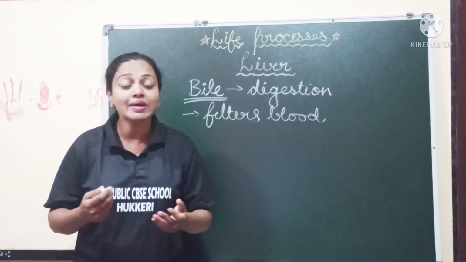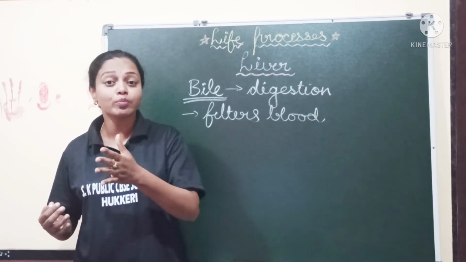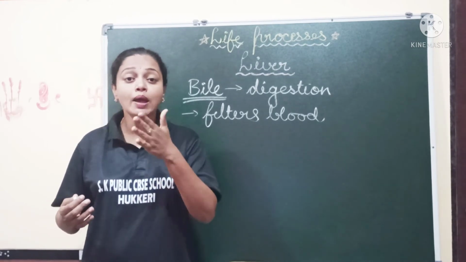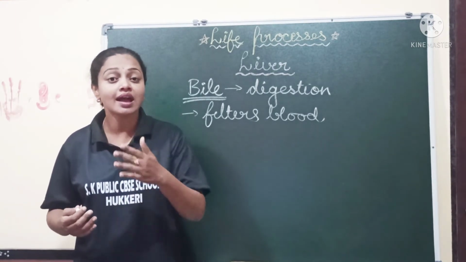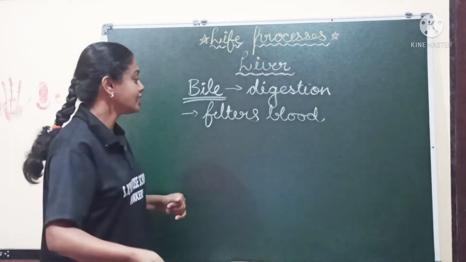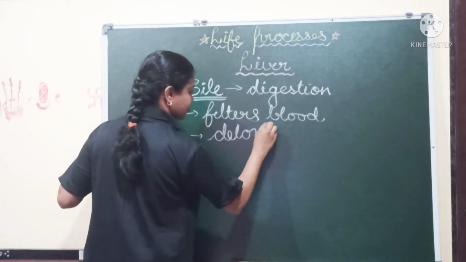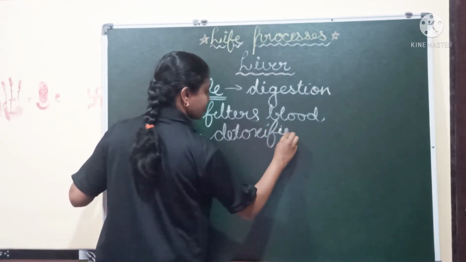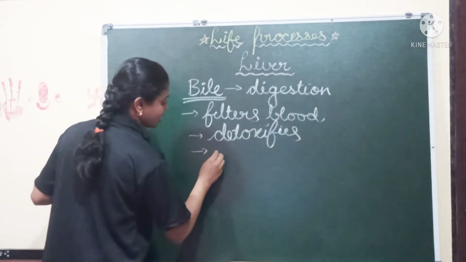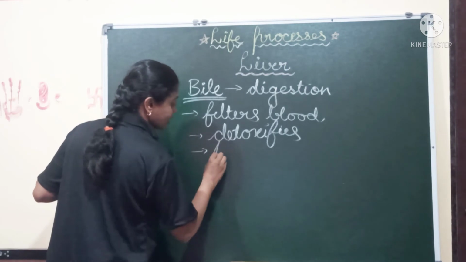The liver makes proteins important for blood clotting and other functions. It detoxifies as well as makes a blood clotting protein.